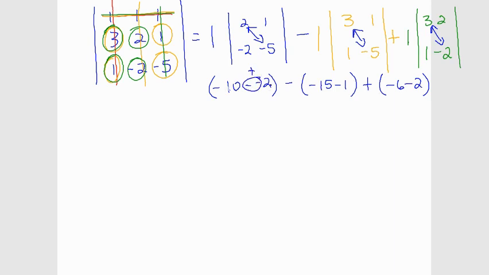Negative 10 plus 2 is negative 8. Negative 15 minus 1 is a negative 16, but then we got this negative right here. So that's plus 16. And then negative 6 minus 2 is a negative 8. We'll just change that to minus 8. And we can already see it. 16 minus 8 is 8. Negative 8 plus 8 gives me 0. And we can see this will have no inverse, and therefore that original system will have no solutions.